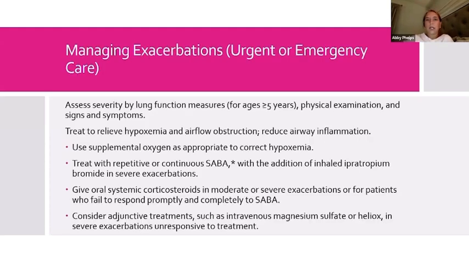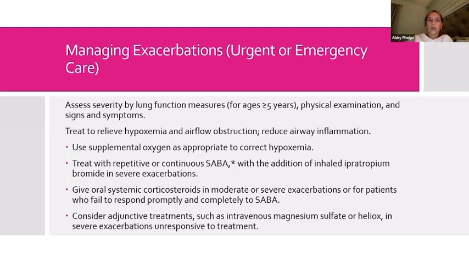So managing exacerbations for urgent or emergency care. So assess severity by lung function measures for ages greater than or equal to 5 years. You need to do physical examinations and figure out their signs and symptoms and treat them to relieve hypoxemia and airflow obstruction and reduce airway inflammation.